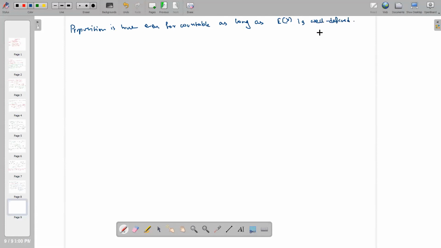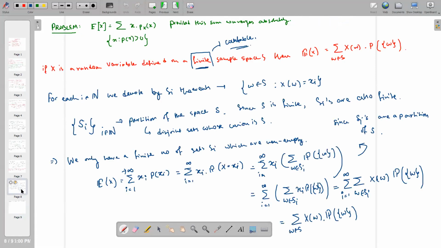So I'll go back to the previous page. Now tell me why can I replace this with an infinite sum? Here for the random variable X(omega), since the S_i are disjoint partitions, after some value of i the random variable won't be defined, because there's no event.